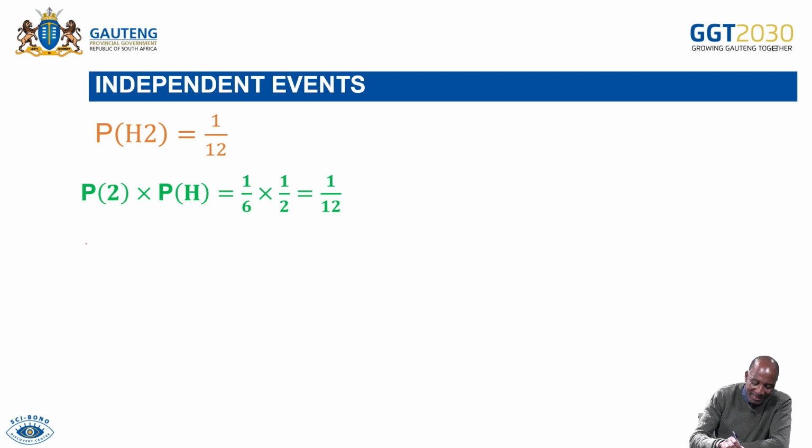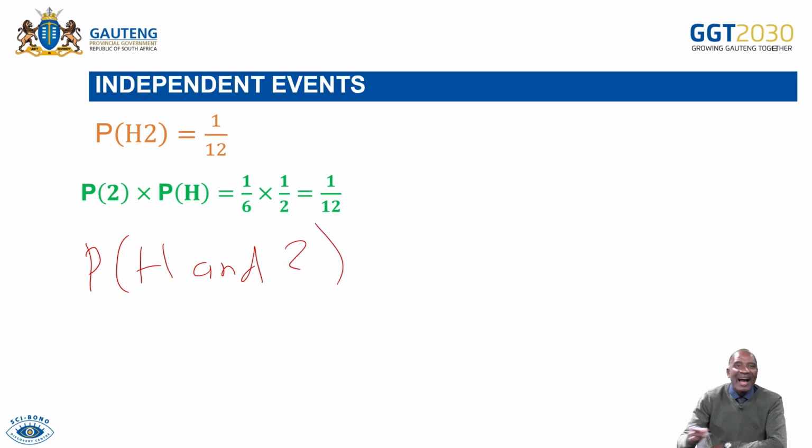It means the probability of a head and a 2, these are independent events. The occurrence of one cannot stop the other. My obtaining a head from the coin does not stop me from getting a 2 from the dice.